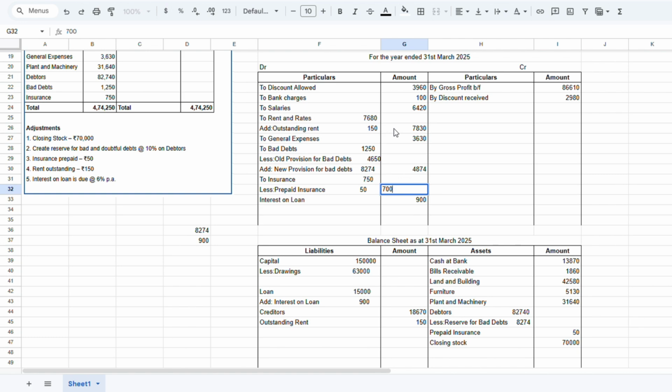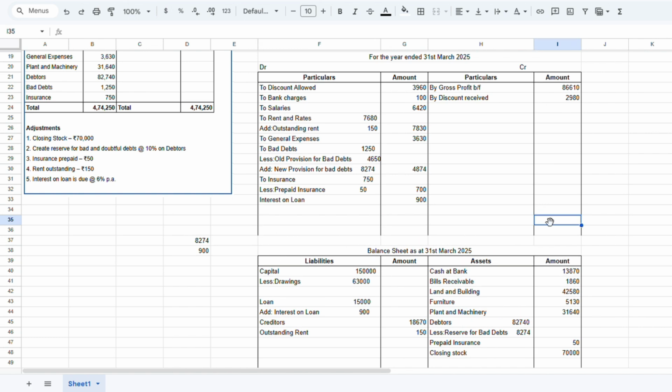And the total is 89,590. Credit side is more, that is 89,590. Same on the debit side, 89,590.